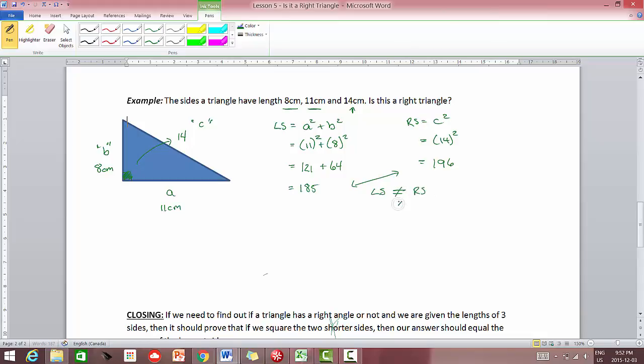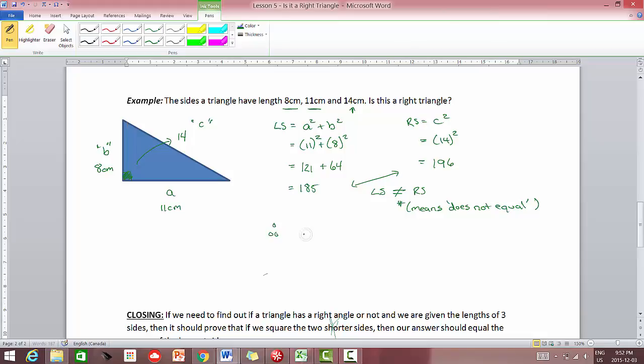And if you've never seen this symbol before, you can put it in brackets, it means does not equal. Okay, so it does not equal. We're going to finish off with a concluding statement.